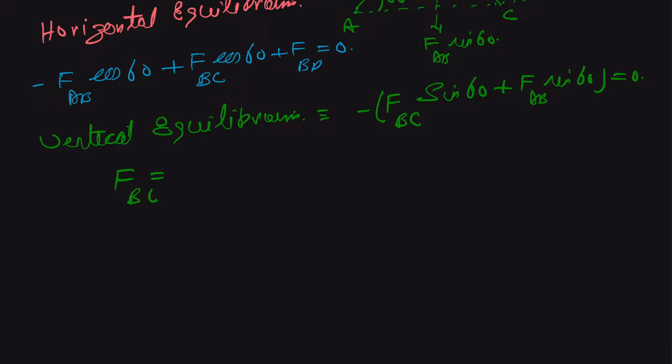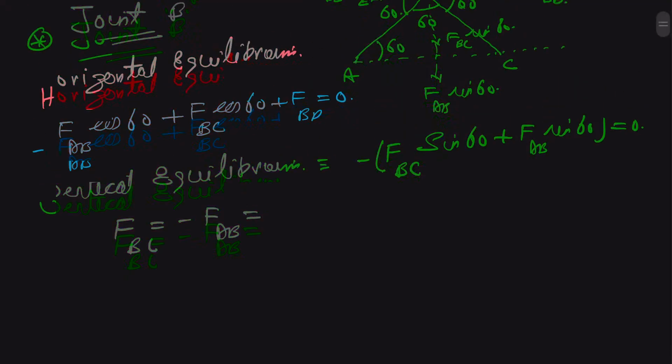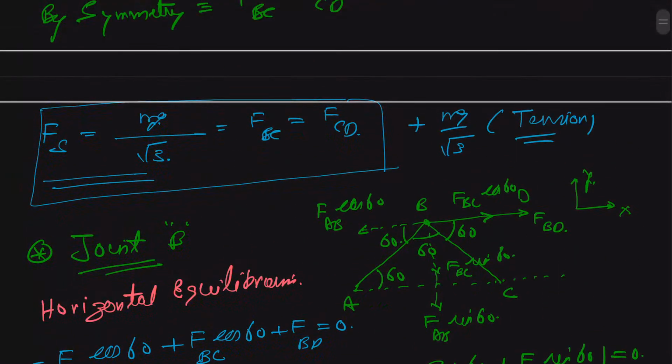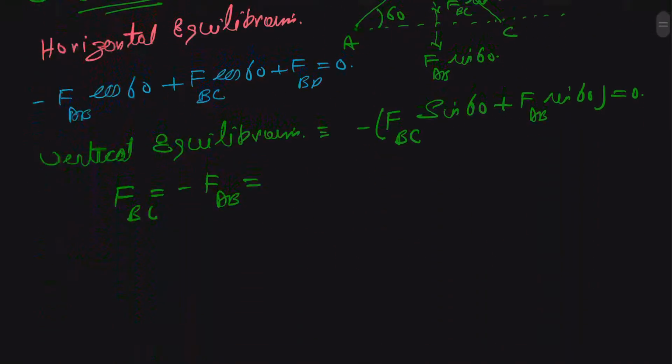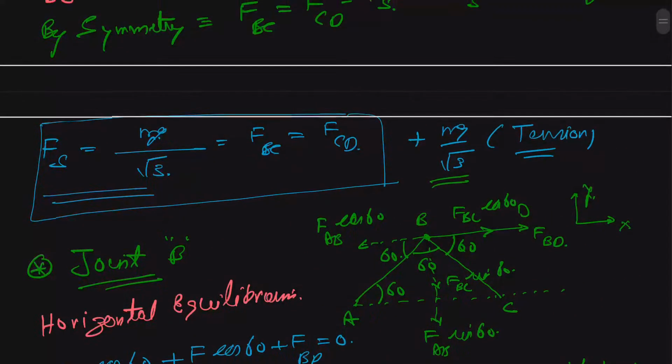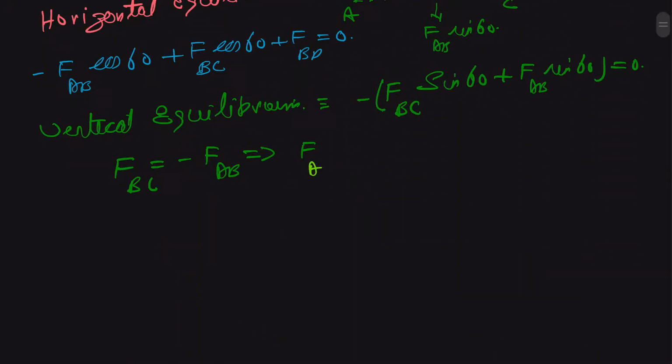will be equal to minus of FAB, and we already know that our FBC is equal to mg upon square root of 3. Therefore from here we can say that our FAB will be equal to minus of mg square root of 3.